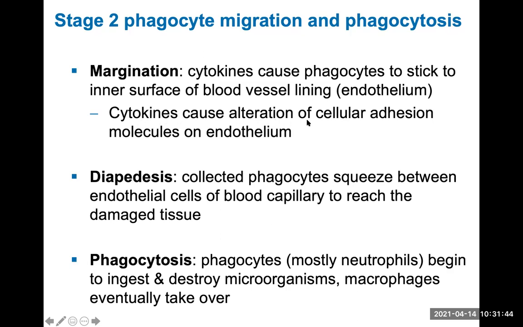Cytokines cause alteration of the lining of the vessel to have an adhesion molecule. The adhesion molecule is on the endothelium, or the inside lining of the blood vessel, and this grabs on to the phagocytes as they are passing through the blood.